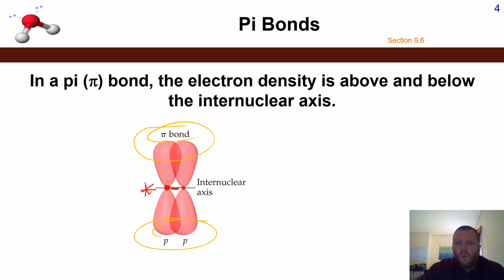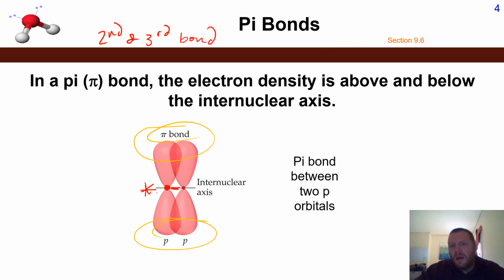Now, another way that you can understand a pi bond is to think of it as the second and third bond between individual nuclei. What we have here is a pi bond between two p orbitals.